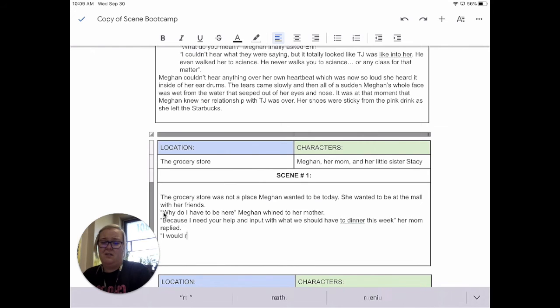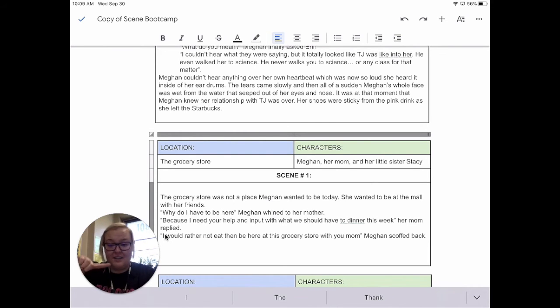"I would rather not eat than be here at this grocery store with you, Mom," Megan scoffed back.